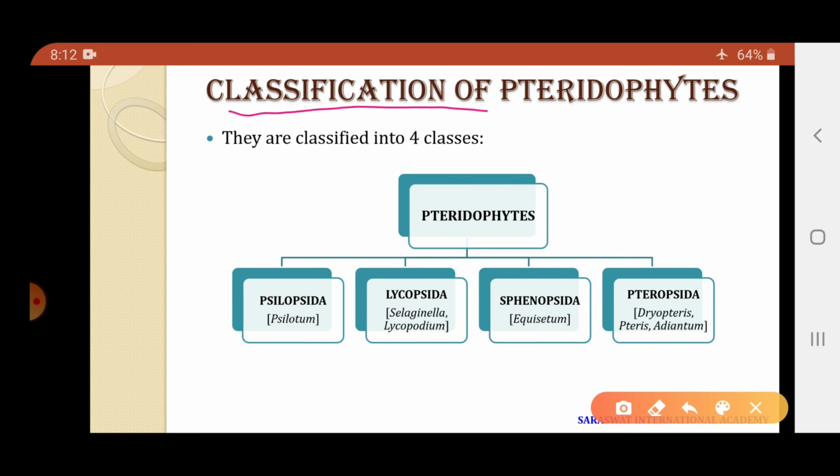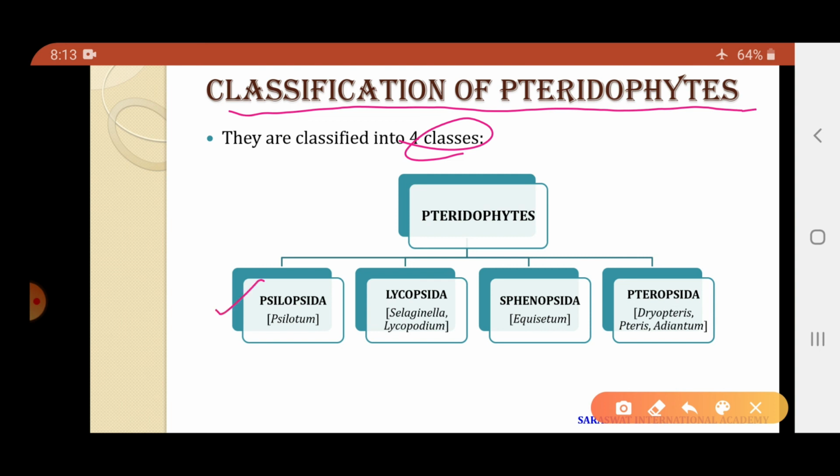Now we will deal with the classification of the pteridophytes. We won't be studying it in detail, only we will be studying the 4 classes, their names of the classes and the examples. We won't be studying it in detail. So now these pteridophytes are divided into 4 classes. The first class is Psilopsida.